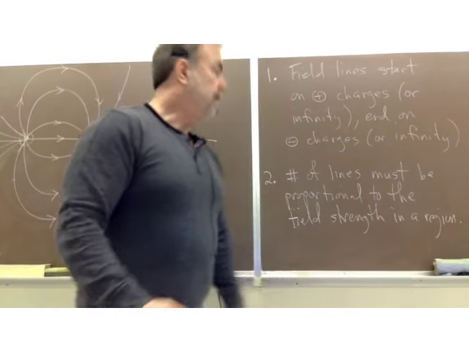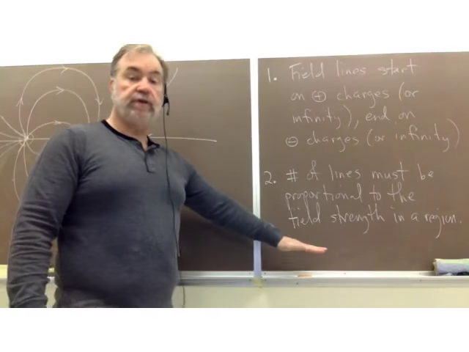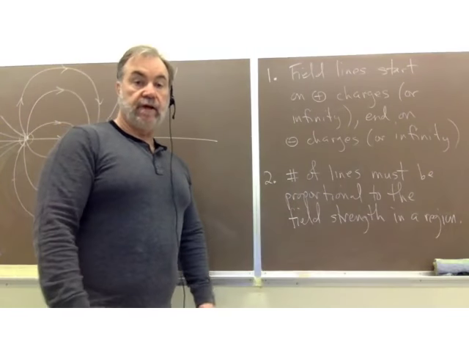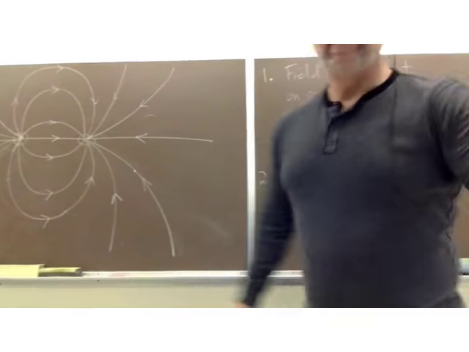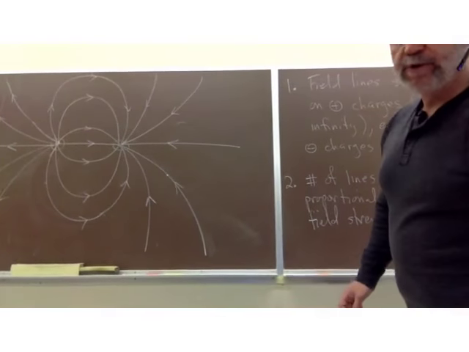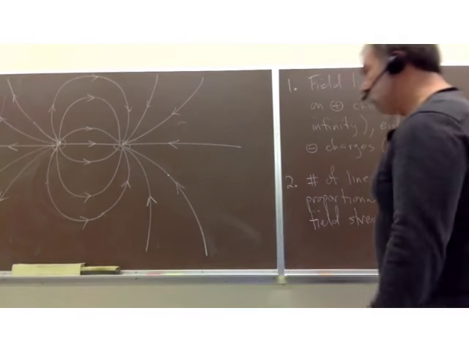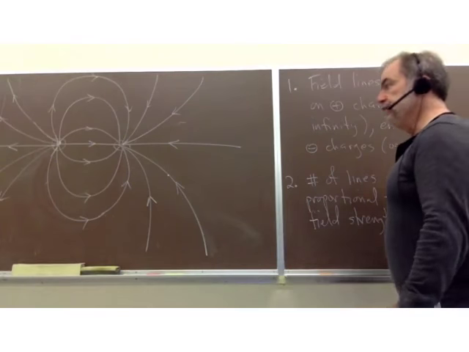So the rule that you make sure the number of field lines you draw are proportional to the field strength. The application of that rule has to be guided by your knowledge of what the field does at several significant places within the field.